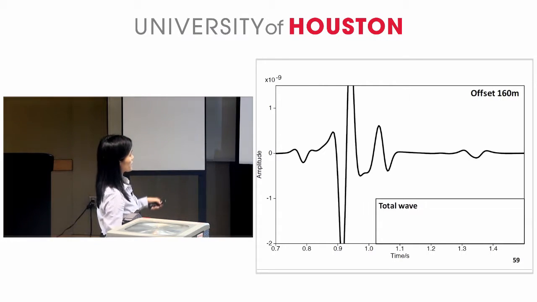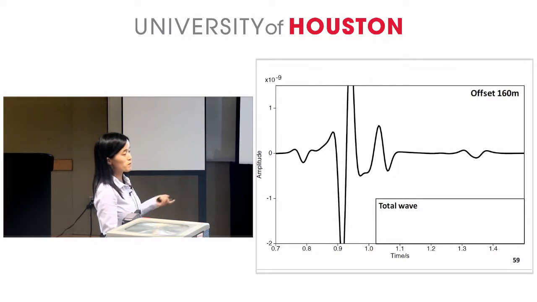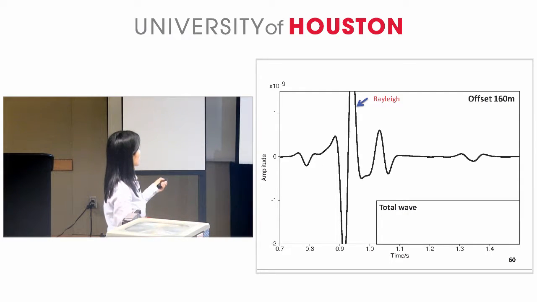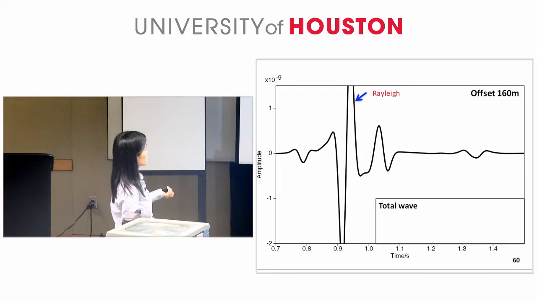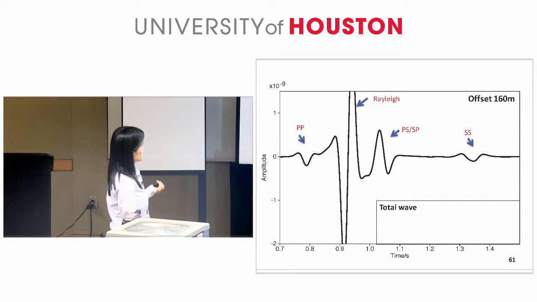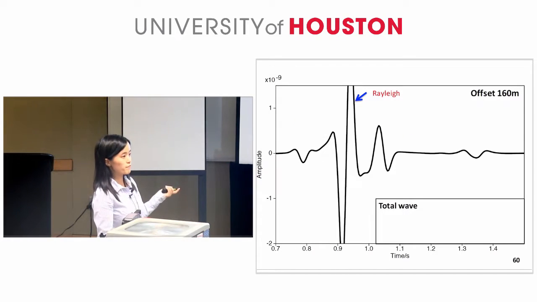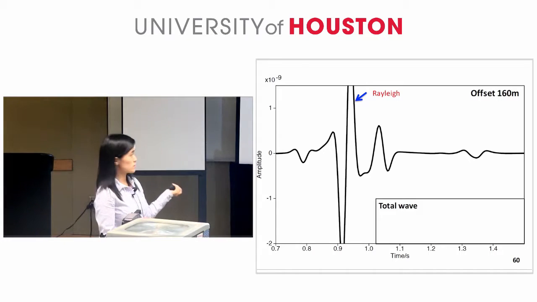One single trace plot can provide us more detailed information. This black line here is the total wave at offset 160 meters. And you can see this is the relay wave. It has a particularly significant amplitude, and it even goes out to the plot limit here. These 3 events are the PP wave, the PS or SP wave, and the SS wave. All 3 events here are interfered with by the ghosts.